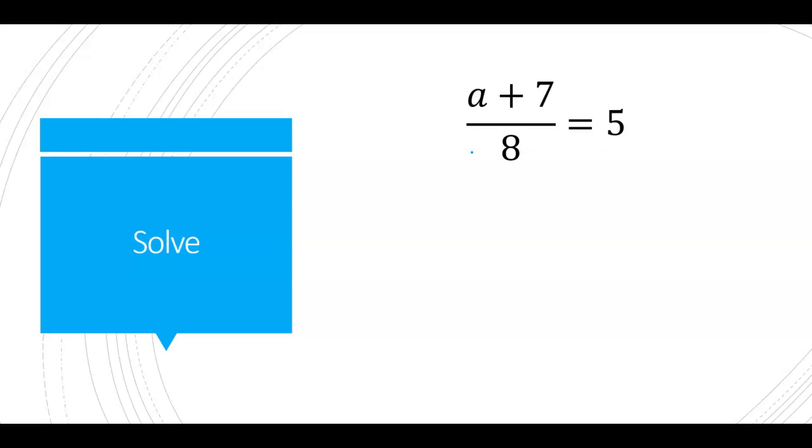What operation is the 8 in, Nick? What operation is that 8 doing? It's not adding. Yeah, it's dividing. So what's the opposite of division, Nick? Yeah. So instead of subtracting, you're going to multiply.